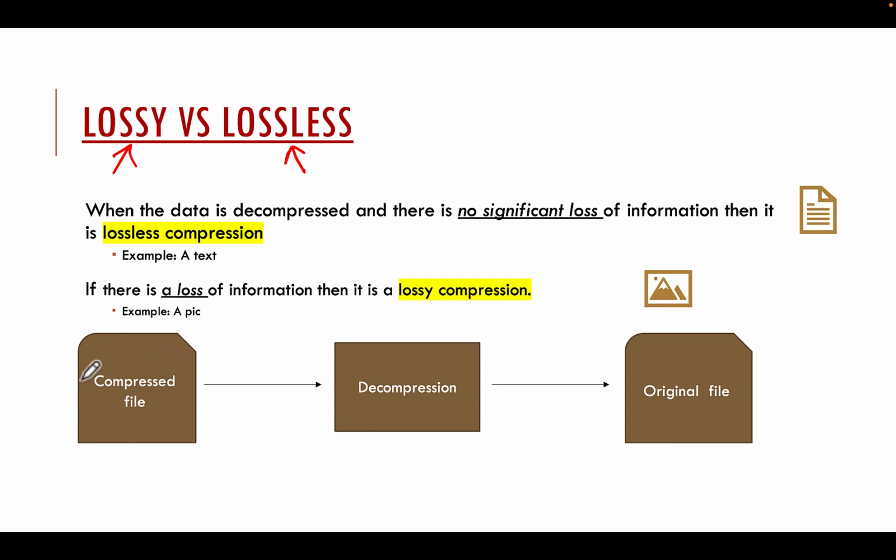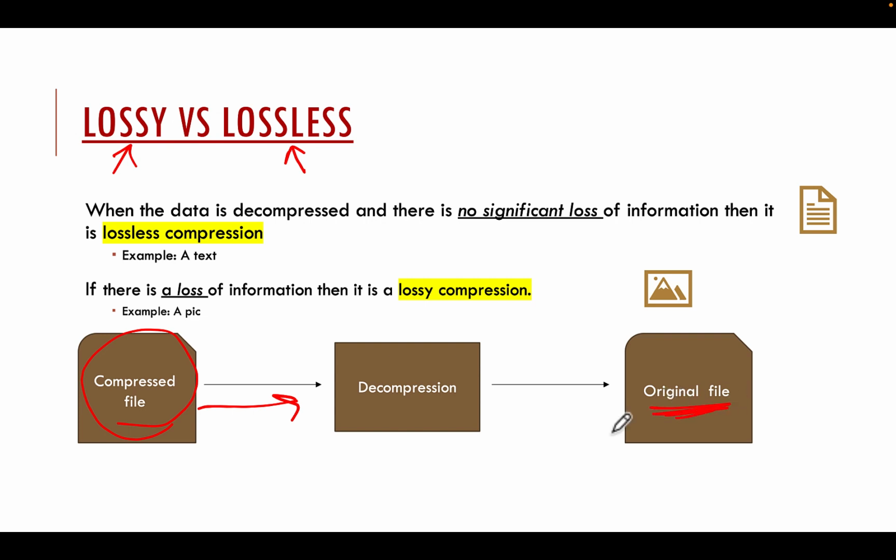Now, what exactly is the difference between them? Well, the opposite of compression is decompression. Basically, when you have the compressed file and it goes through the decompressing process, you'll get the original file back. That is the meaning of decompression.